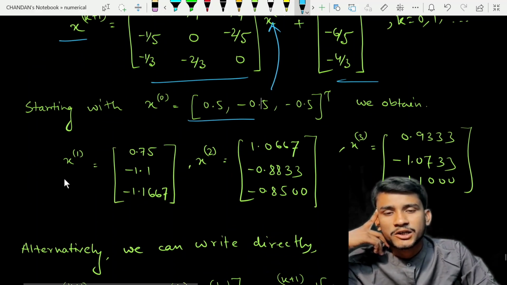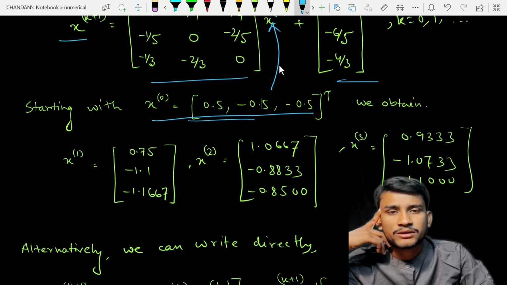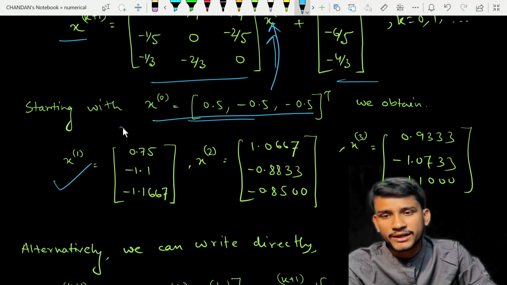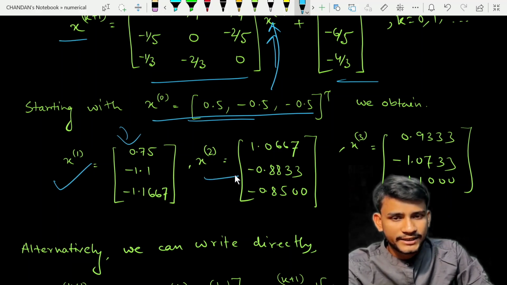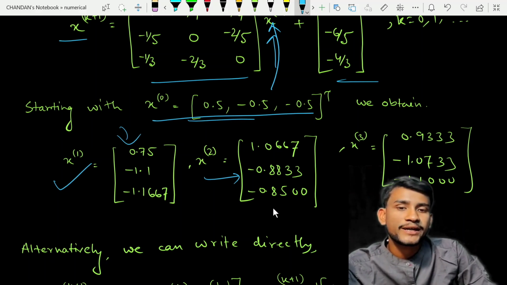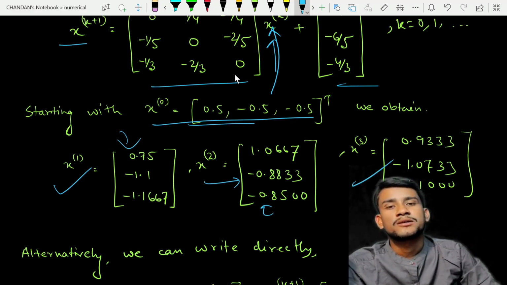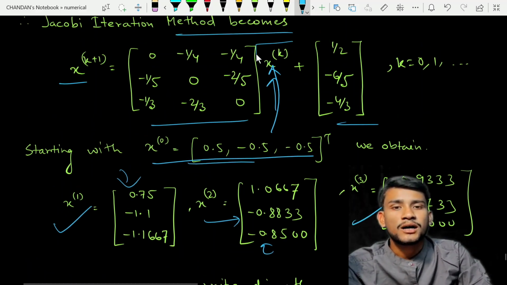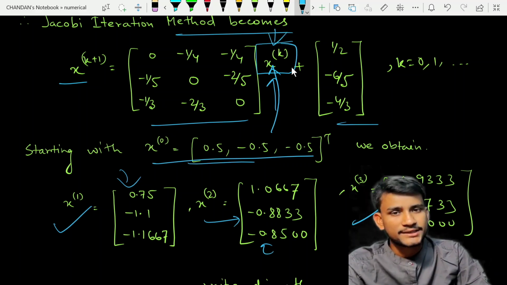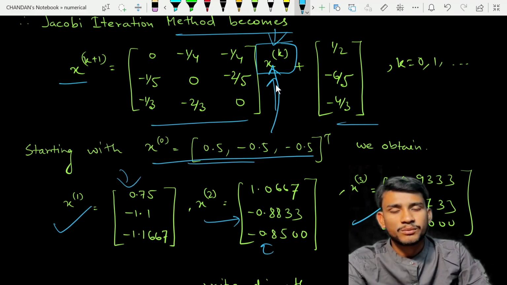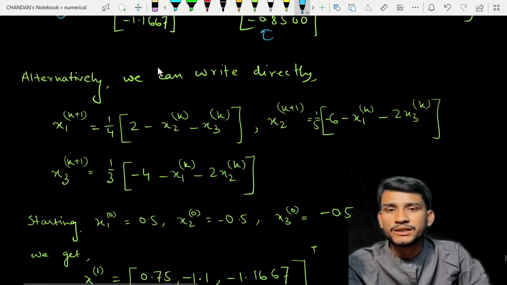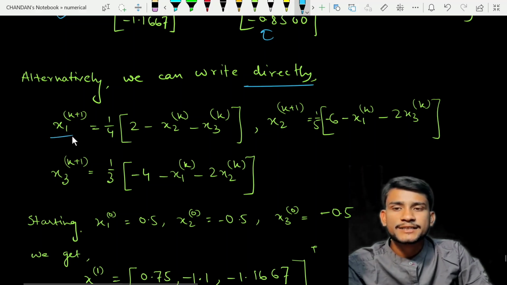So we get x1 equal to this, then put the values of x1 to get the second iteration x2, and then put the values of x2 to get the third iteration. Simply, we put the initial values, then the next values, and so on, to get the iterations one by one.